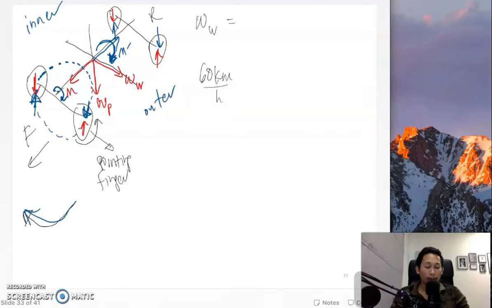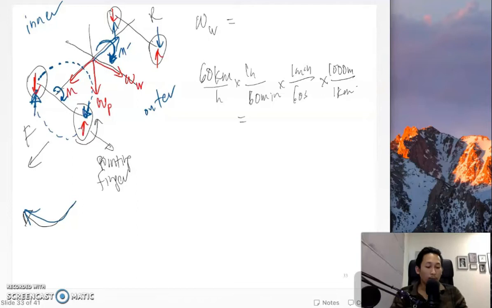So 60 kilometer per hour times 1 hour over 60 minutes, times 1 minute over 60 seconds, times 1000 meter over 1 kilometer.